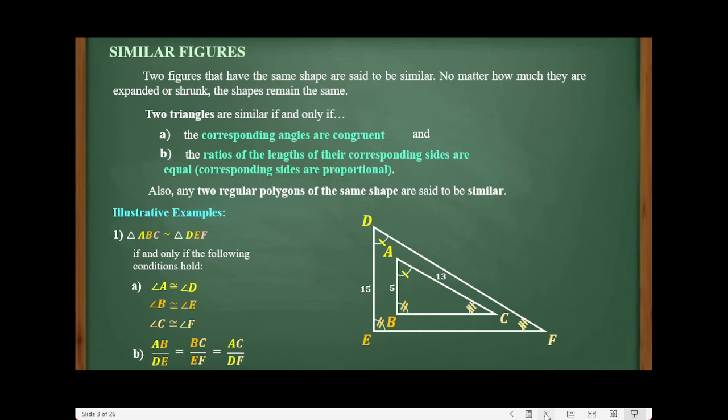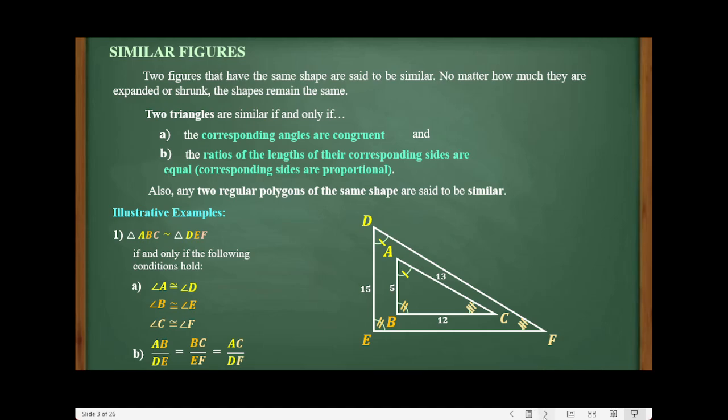Now suppose on smaller triangle ABC, the lengths of all sides are given. The shortest side is 5, the longer side is 12, and the longest side is 13. And on the larger triangle, only one of those three sides so far is given, which is segment DE, whose length is 15.